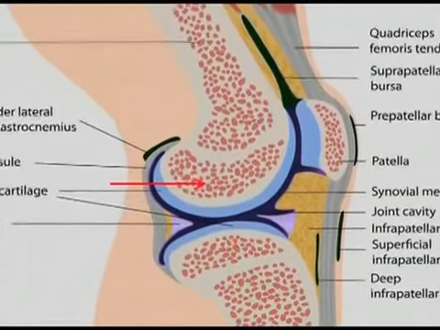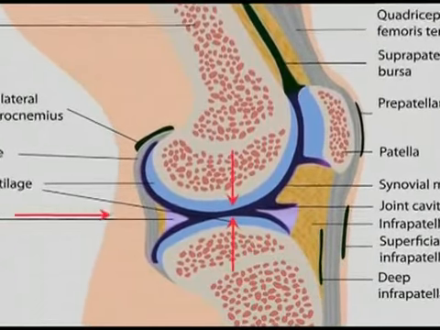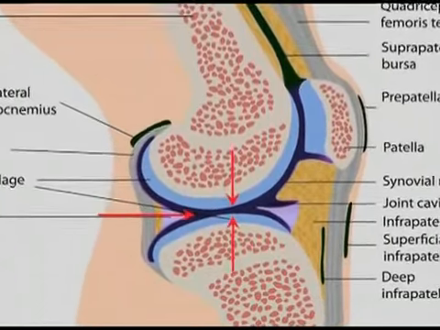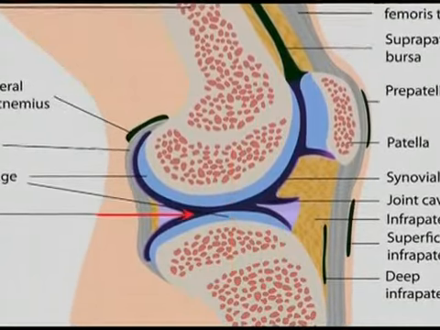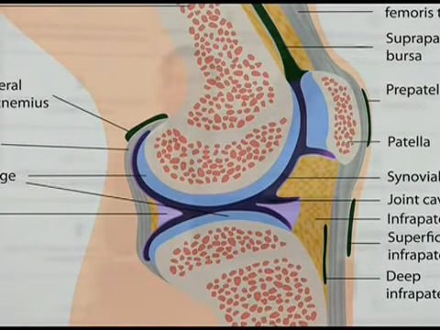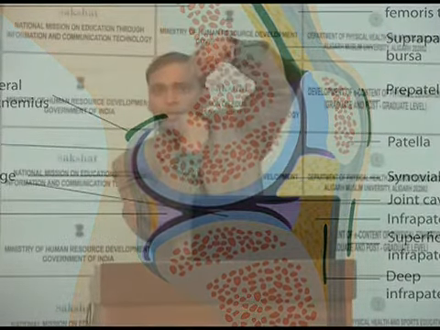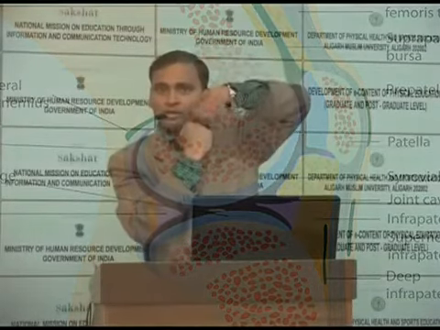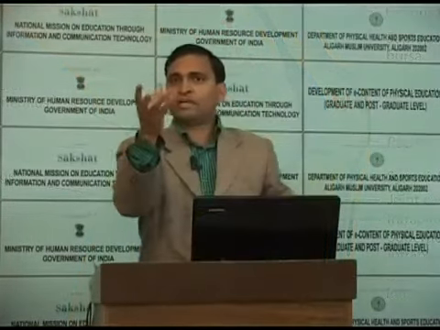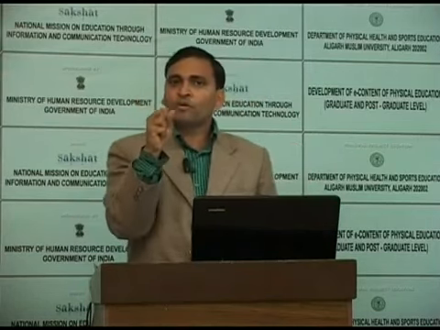Whenever you apply a load, the synovial fluid which is available within the cartilage of the joint end will come out into the joint space. See here, one bone is here, other bone, joint space. When you apply load, take the example of a sponge: if a sponge is filled with water, when you press it, all the fluid present in the sponge will come out.